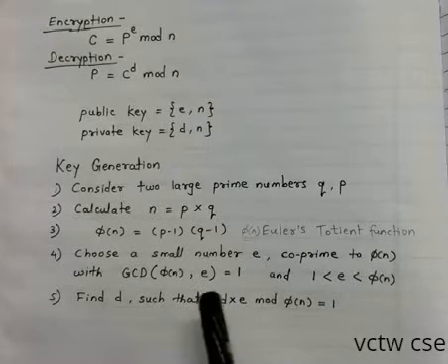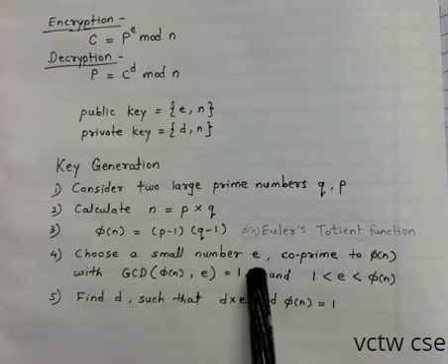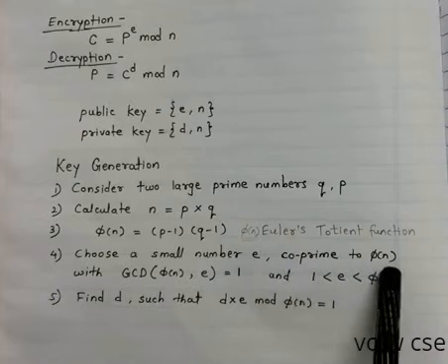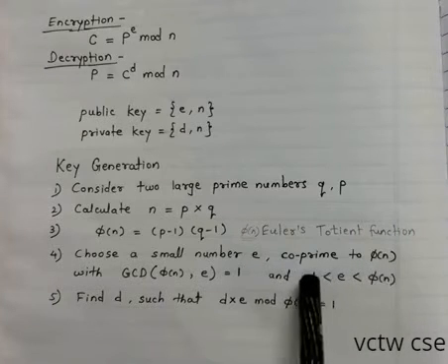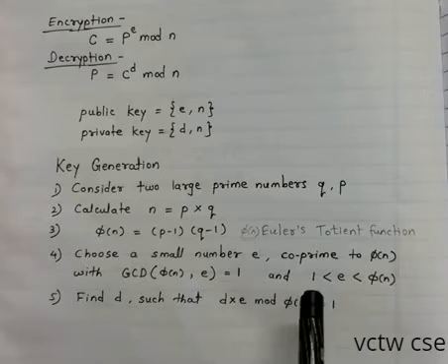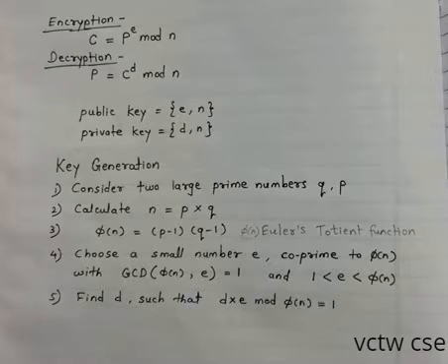That is, we need to select one number E such that it should be coprime to phi of N. Now what is coprime here? Coprime is, we say that two integers are coprime if the only positive integer that divides both of them is 1.